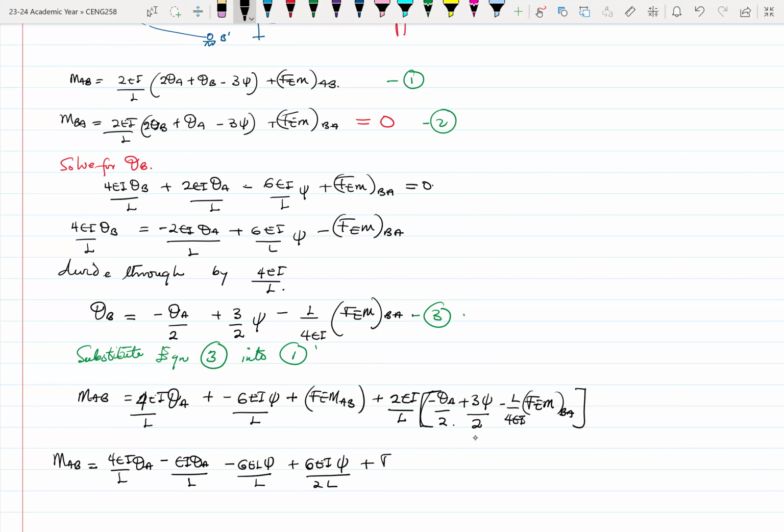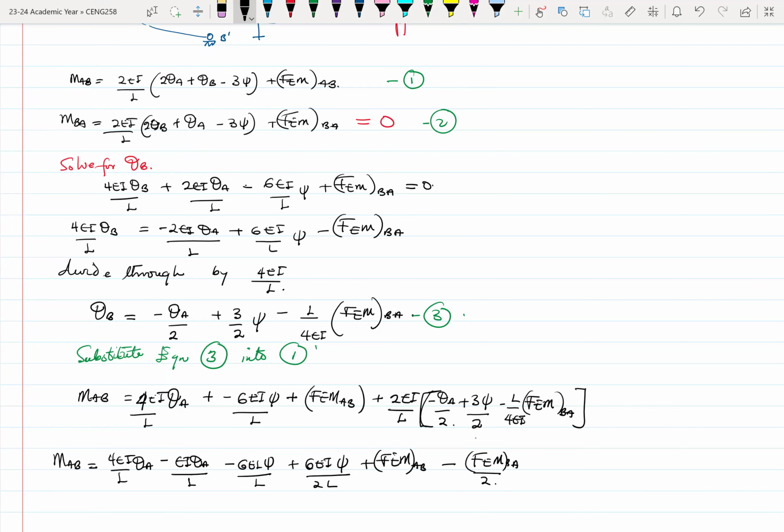Then plus the fixed end moment AB. Then minus, what do I get here? So I get fixed end moment BA over 2, right?